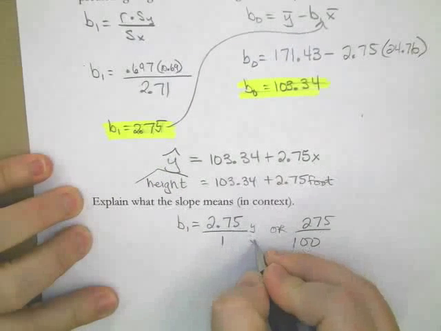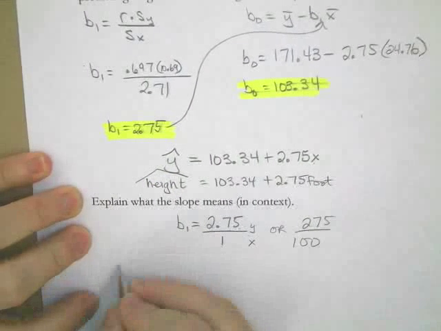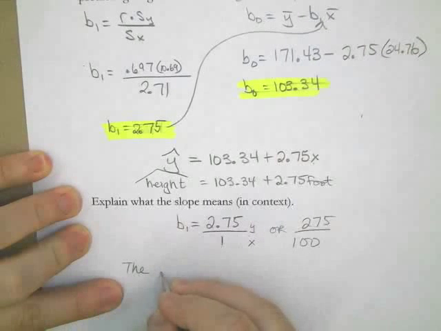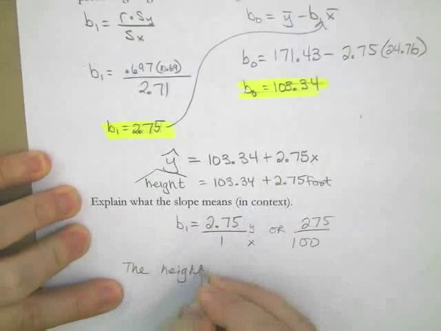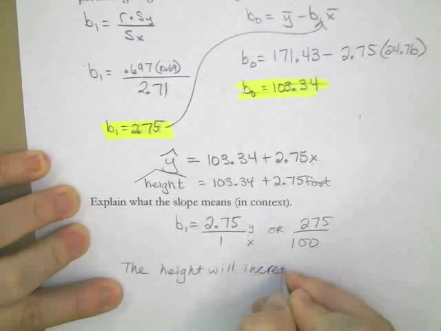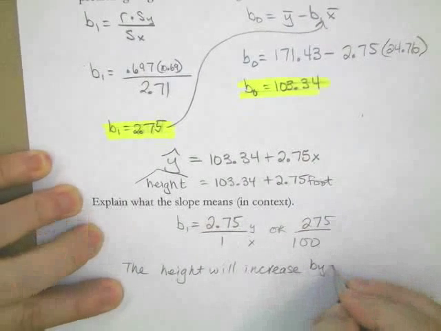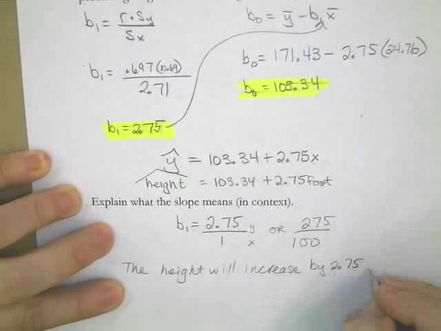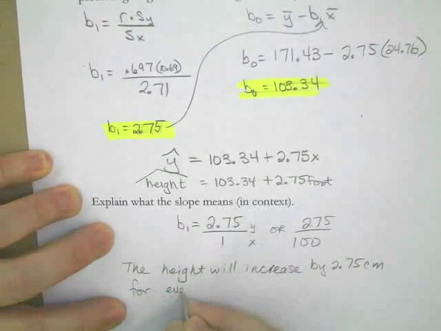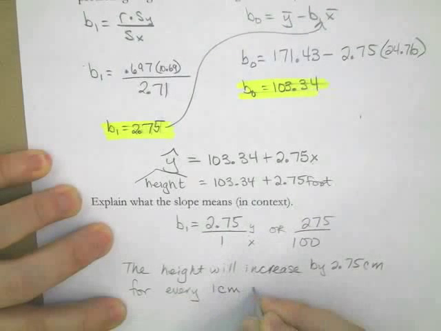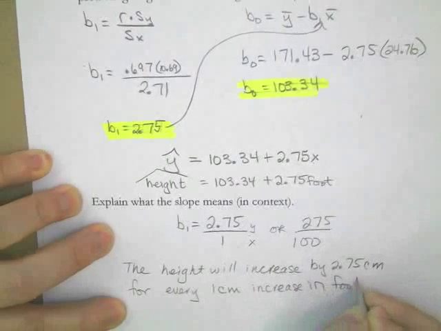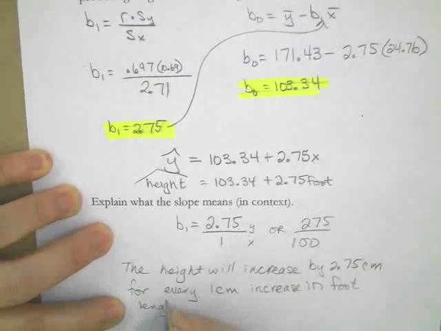So this is saying that the height will increase by 2.75 centimeters for every 1 centimeter increase in foot length on average.